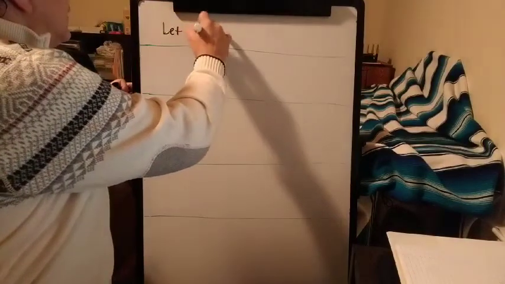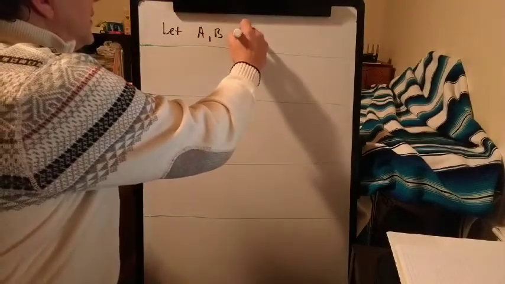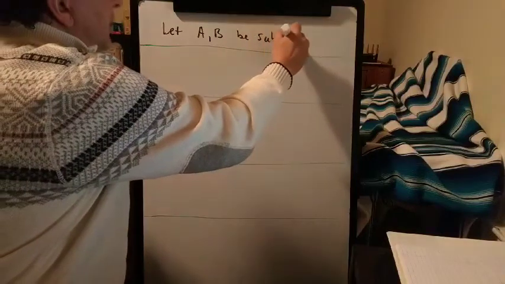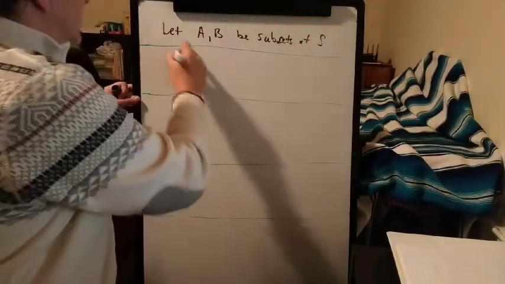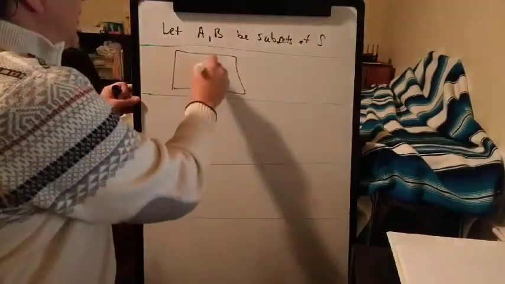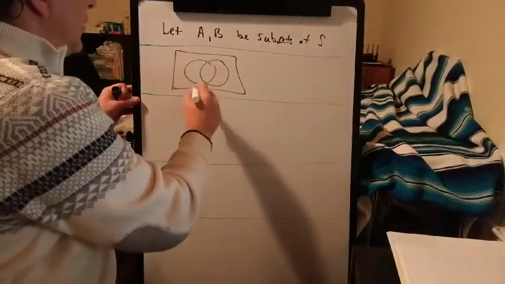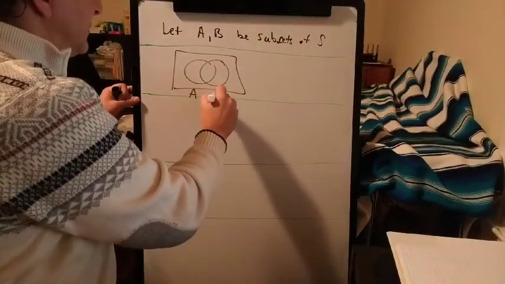So for example, let A and B be subsets of S. We can either think of these as discrete subsets or regions in the plane.